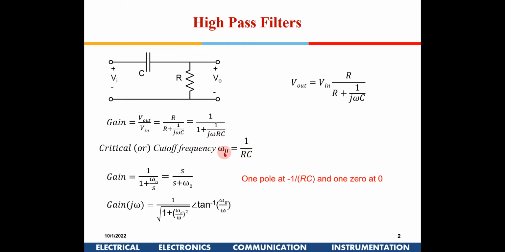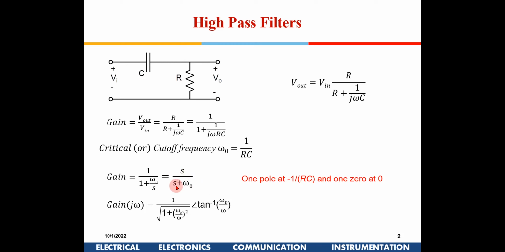So omega 0 is equal to 1 by RC, and there is a meaning attached to it. We'll see what that is. Now if I write 1 by RC as omega 0, and j omega can be written as s also, this is further simplified to s divided by s plus omega 0. So this particular equation has a pole at minus 1 by RC.